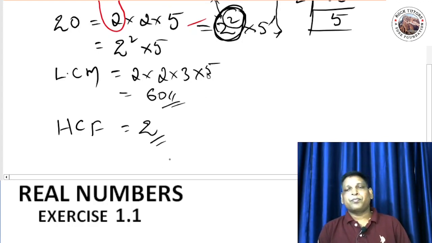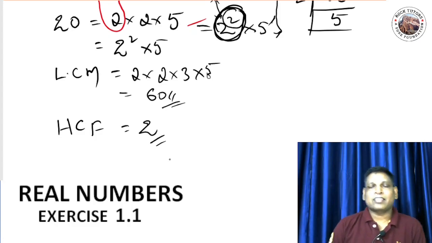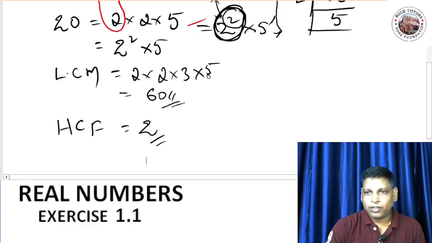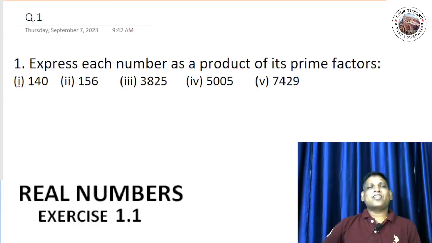Now we are going to solve exercise 1.1, first question. What is the first question? Express each number as a product of its prime factors.